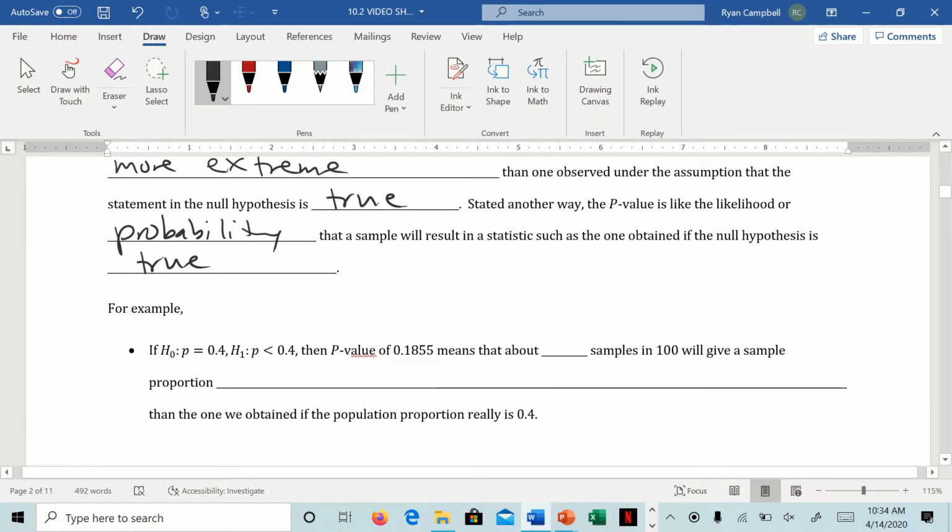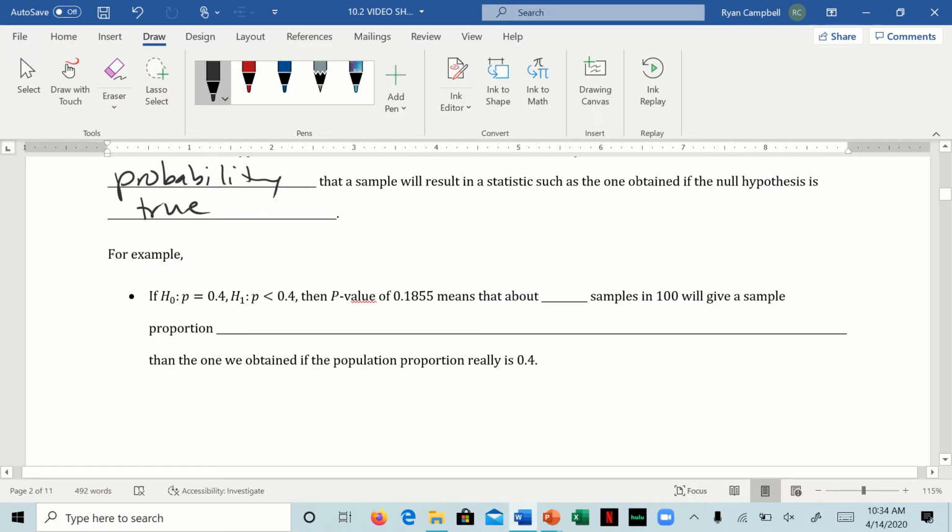All right, so for example, and we'll talk more about this, so this won't be the only example we look at. So if our H naught is p equals 0.4 and our H1 is p is less than 0.4, right?